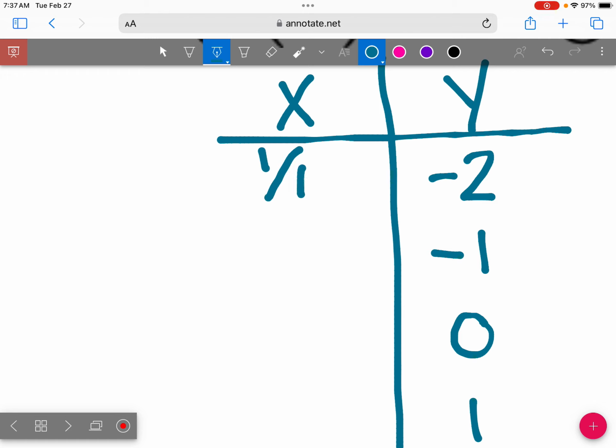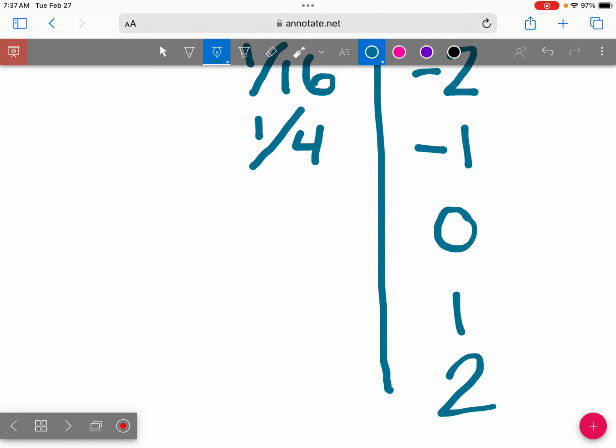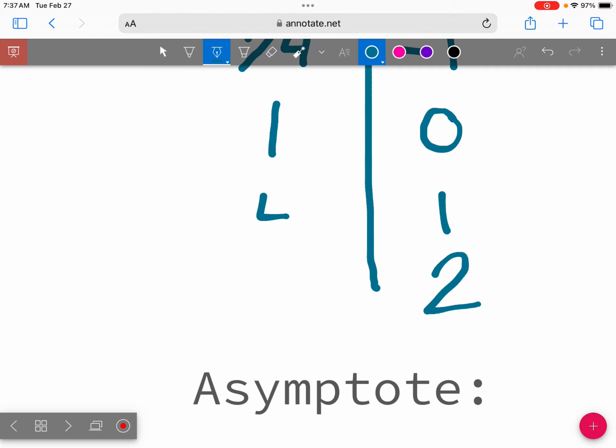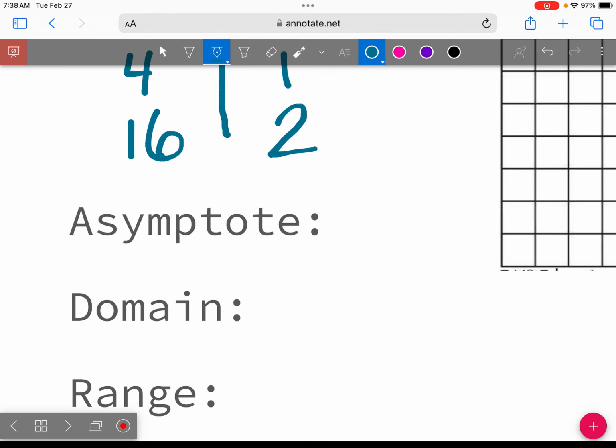So our 1 over 16, 1 over 4, 1, 4, and 16. And then instead of our asymptote being at y equals 0, it's going to happen at x equals 0.